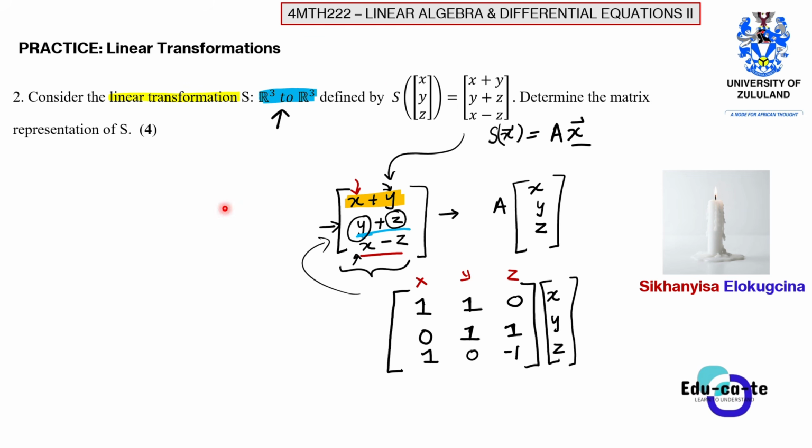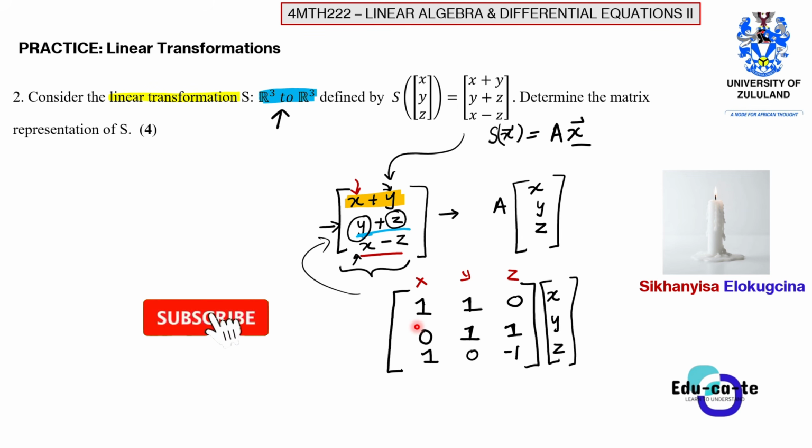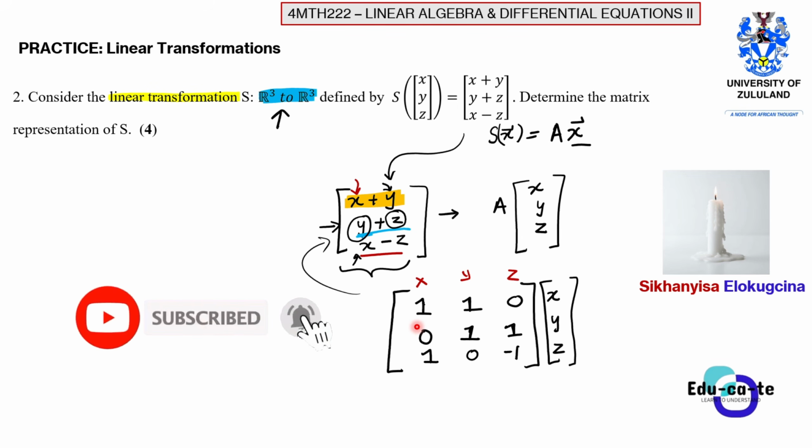We had 1, 2, 3 entries, and we still have 1, 2, 3 entries, so the number of rows is not changing. But we are transforming it by multiplying by this matrix: 1, 1, 0, 0, 1, 1, 1, 0, negative 1. There is some geometric interpretation if you want to see what this matrix does to the vector. But essentially, this is the matrix representation of the transformation S.